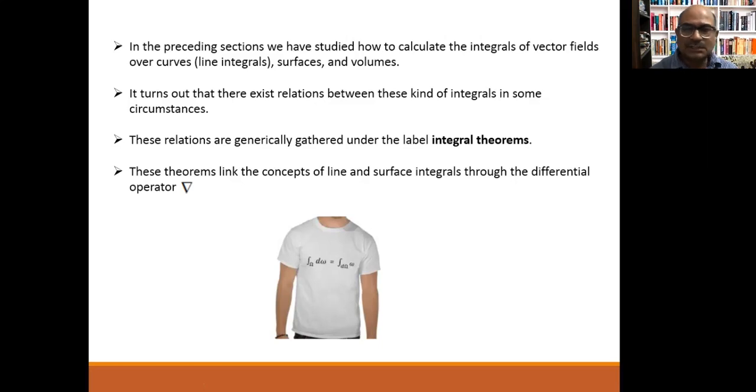These relations are generally gathered under the label integral theorems. These theorems link the concepts of line and surface integrals through the differential operator del, so the del operator plays an important role in defining the integral theorems.